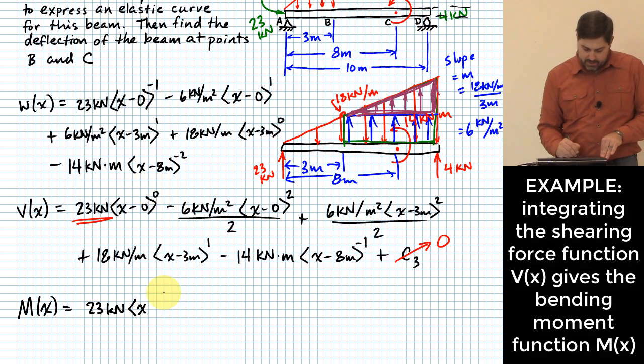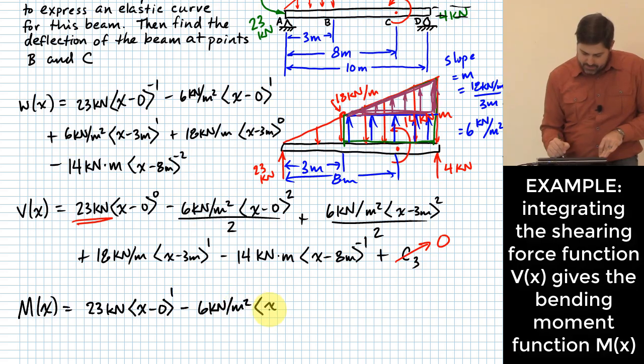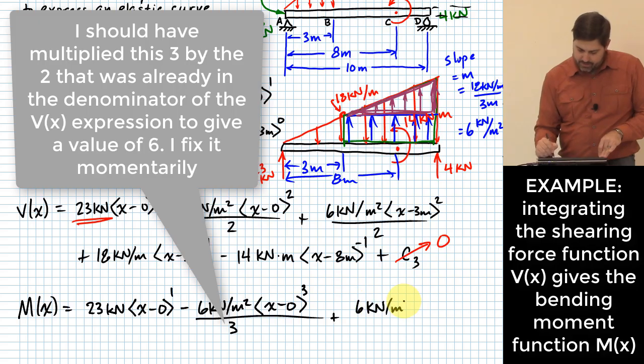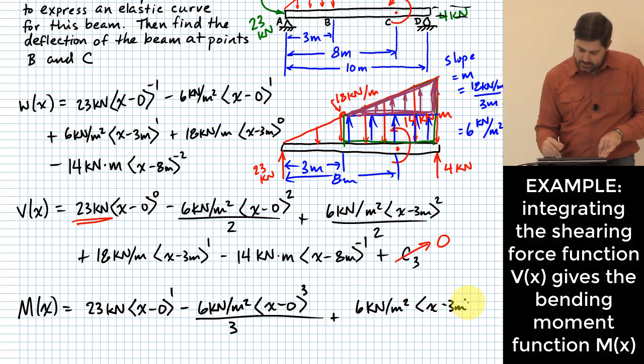It just becomes x minus 0 raised to the 1. What about the next term? 6 kilonewtons per square meter, x minus 0. This is now going to become raised to the 3. This gets divided by 3. As a result of that, plus 6 kilonewtons per meter squared, x minus 3 meters. This raised again to the 3, right?